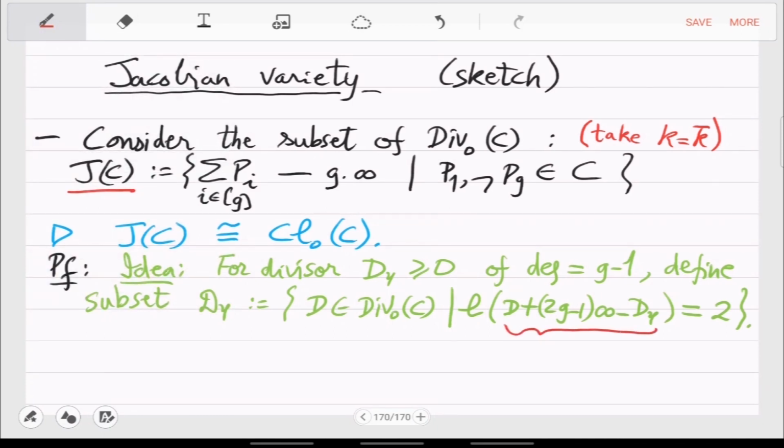This mysterious divisor, I'll call it d prime. The degree of d prime is 2g minus 1 minus g minus 1, which gives you g, and the degree of d is 0. So this is degree g.